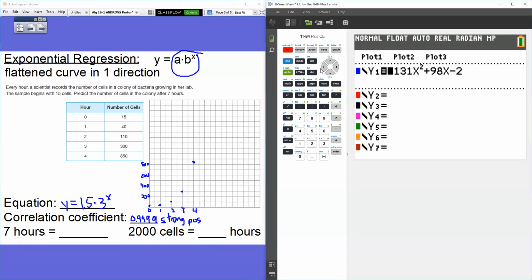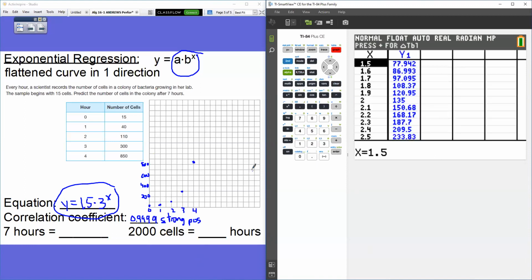Make sure that you remember, not like I did on the last question, to go back to y equals, and we have to type in this equation. 15 times 3, caret button. Remember, the caret button is right above the division sign on the right-hand side. And then x. And we can hit second and table. We want a prediction for 7 hours.